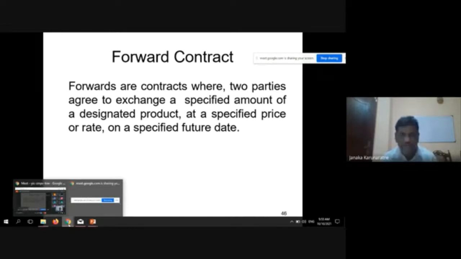Forwards are also contracts where two parties agree to exchange a specified amount of a designated product or financial instrument at a specified price or rate on a specified future date. Same thing. Conceptually, this is what is happening in a futures contract, which is traded on an organized exchange.